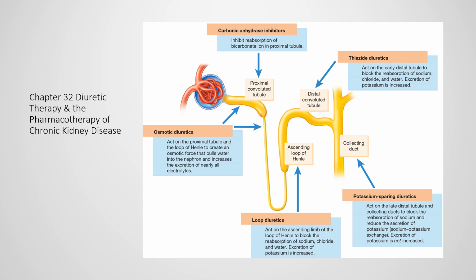The ones at the beginning, they drain you of incredible amounts of fluid and electrolytes, the carbonic anhydrase inhibitors and the osmotic diuretics. Okay, so just keep an image of this in your mind and keep an image of where the groups of drugs work, and then they'll make a bit more sense as we go through them.